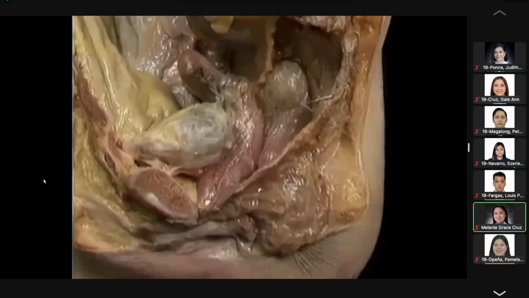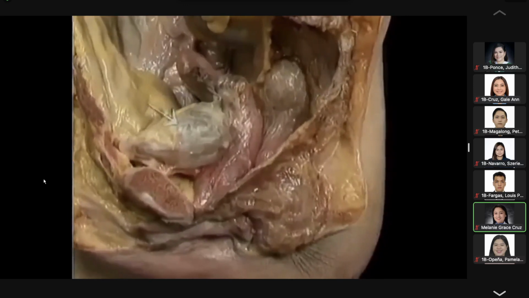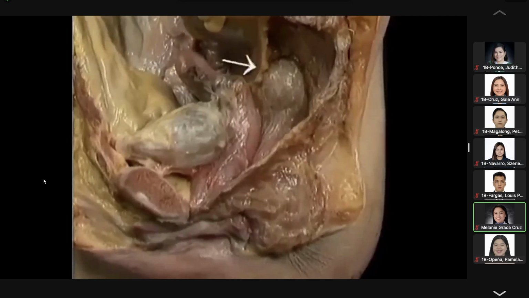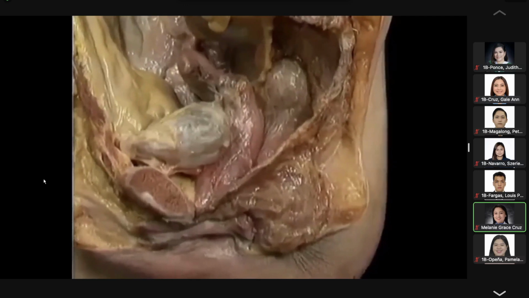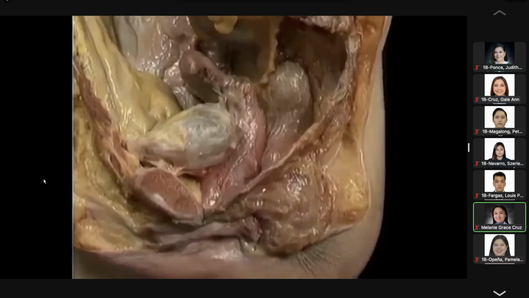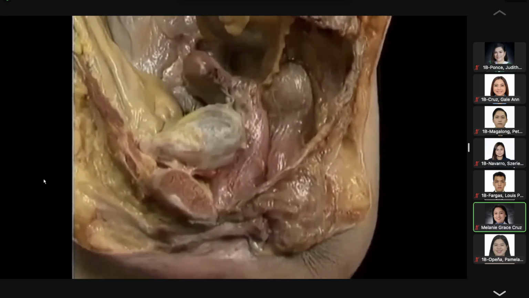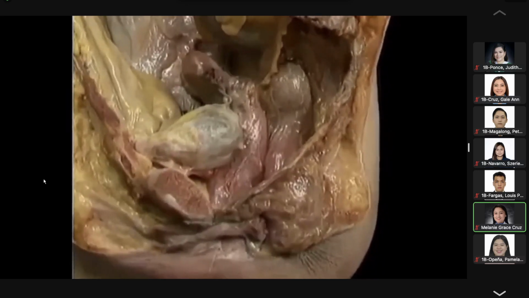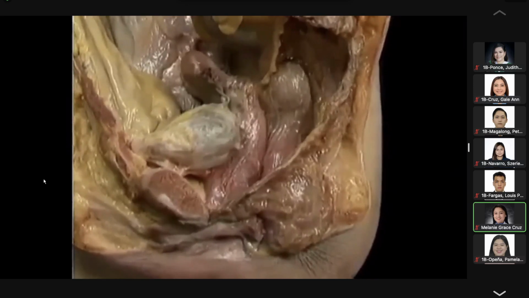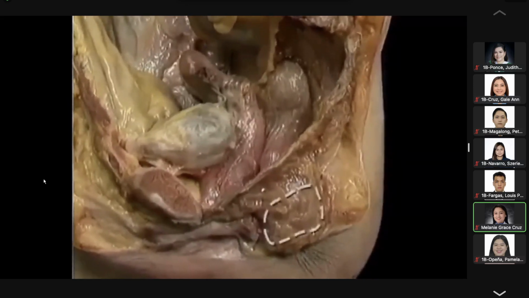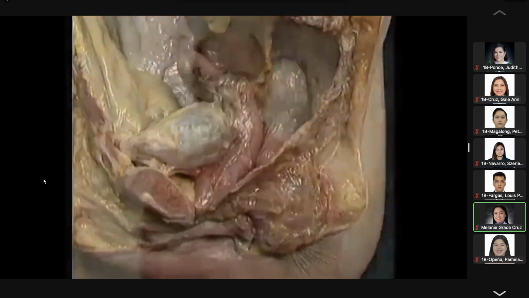Here's the rectum behind the vagina, and the bladder in front of it. Here's the peritoneum coming down off the rectum, forming the recto-uterine recess behind the uterus, and the vesico-uterine recess in front of it. Down at the bottom, here's the vaginal opening, the anus, and the external anal sphincter muscle.